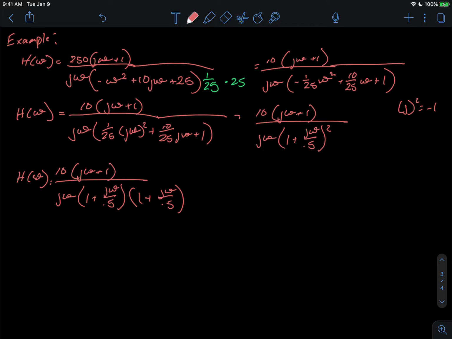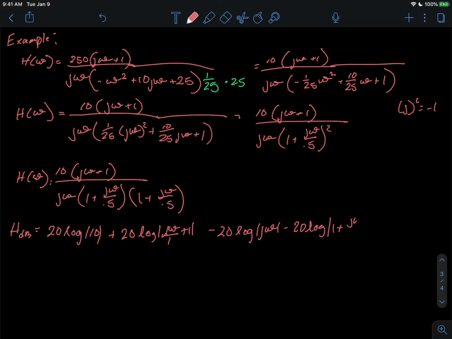So if you want to do the magnitude, H in dB equals 20 log of 10 plus 20 log of (j omega plus 1), so remember how there's like a divided by 1 there, minus 20 log j omega, and then another minus 20 log of (1 plus j omega over 0.5).